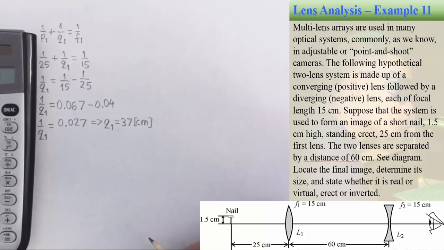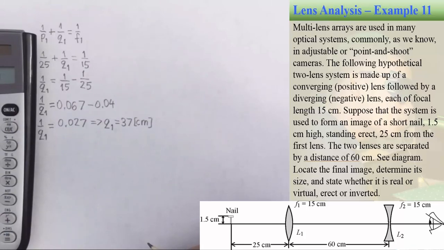So the next step is to define the distance of the object or original from the second lens. So this image that has been created through the image formation from the first lens, that's positioned at 37 centimeters away from the first lens, is going to serve as the original for the second lens.